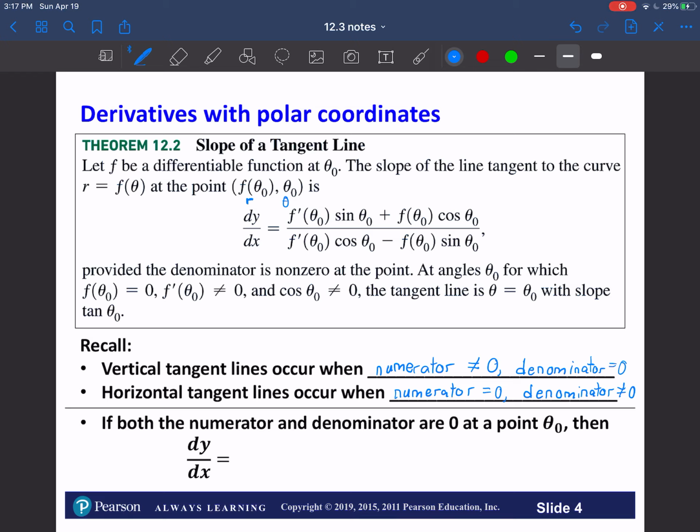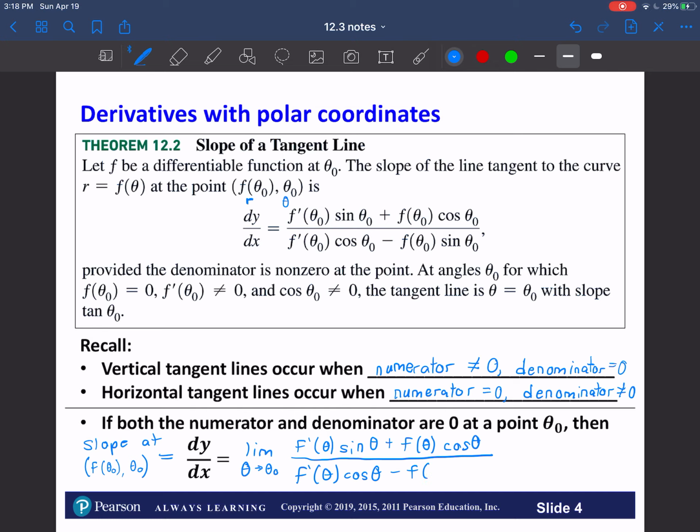So if both the numerator and the denominator are 0 at some point theta naught, then the slope at that point, so let me write over here, this is the slope at the point f of theta naught, comma theta naught, is equal to the limit as theta approaches theta naught of f prime of theta sine of theta plus f of theta cosine theta, divided by f prime of theta cosine theta minus f of theta sine theta.